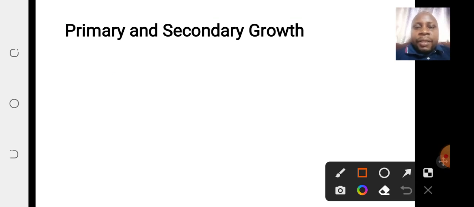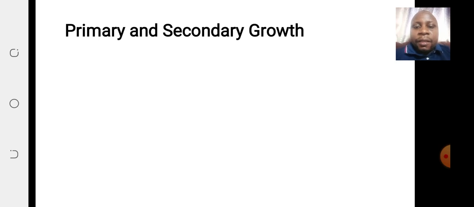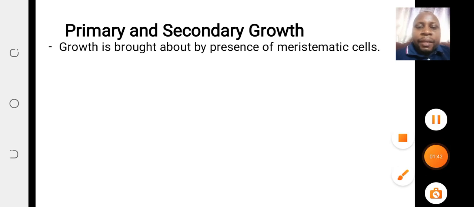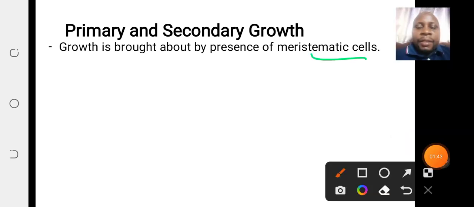Primary growth and secondary growth are brought about by the presence of some cells in the growing regions. And these cells are called the meristematic cells, or simply meristems. So, what are meristematic cells?